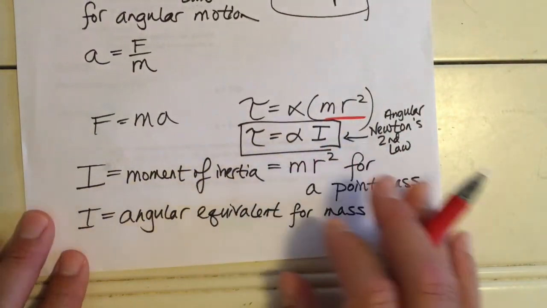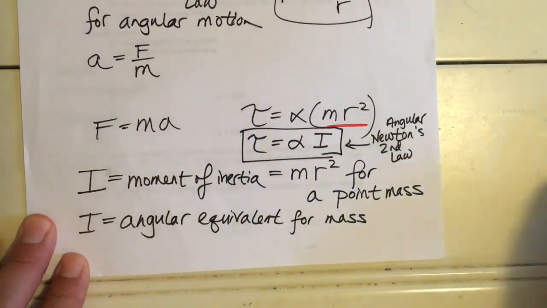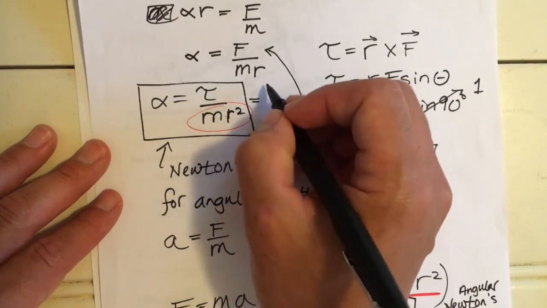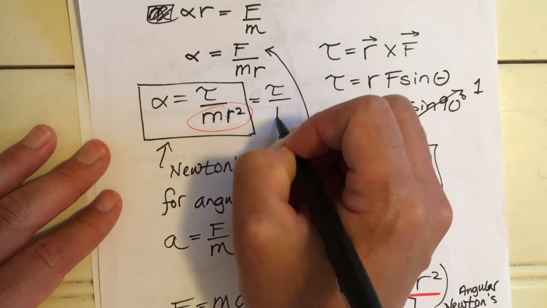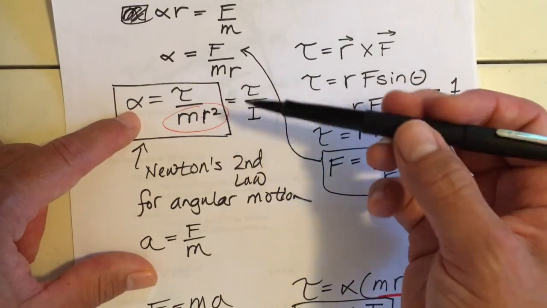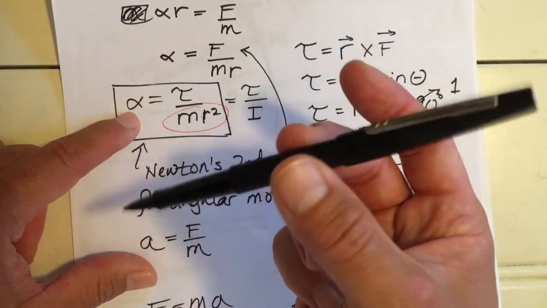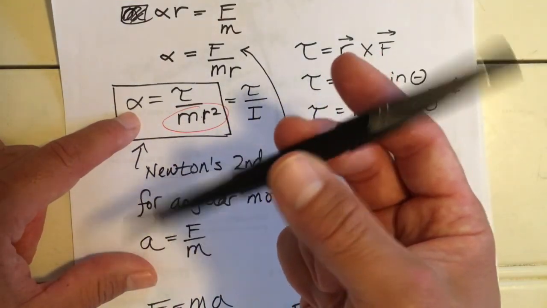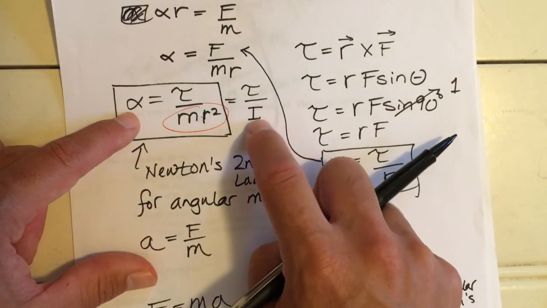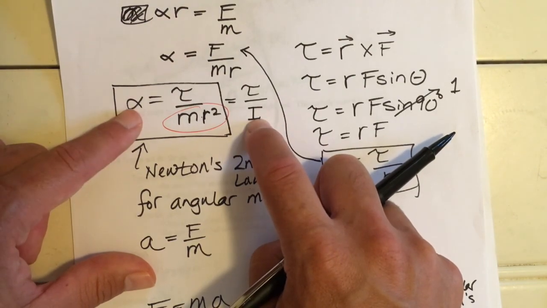Now, why is that? If we go back to the form up here, alpha equals torque over I, we can see the relationship. It is easier for me to accelerate the meter stick here because its moment of inertia is smaller. When this number is smaller, alpha is larger.